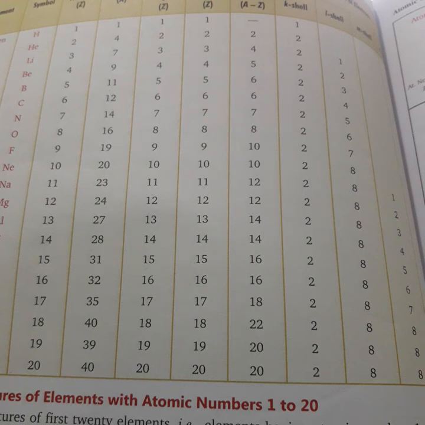How many electrons can reside in K? 2 into 1 square, so a maximum of 2 electrons can reside in the first shell. If the shell is the second, L shell, then 2 into 2 square, the maximum number of electrons will be 8. Same way, third shell 2 into 3 square is 18, fourth shell 2 into 4 square is 32. This is the first rule.